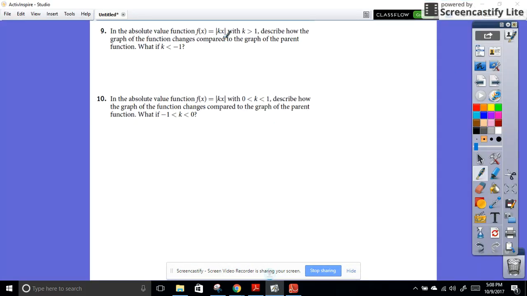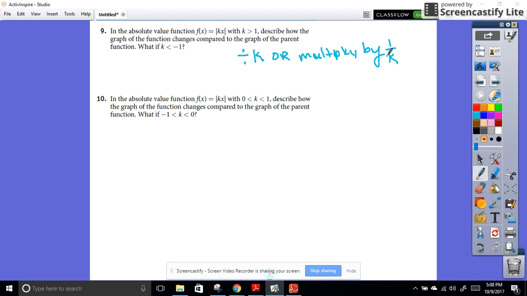Okay, so this is saying what happens when this number right here is 1. When the k is a number bigger than 1, like 2, 3, 4, 5, we divide by that number. Divide by k, or multiply by 1 over k.